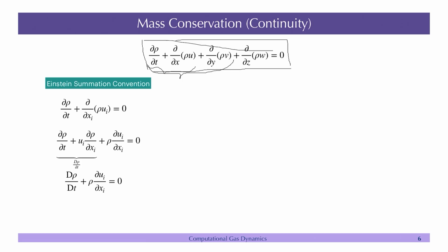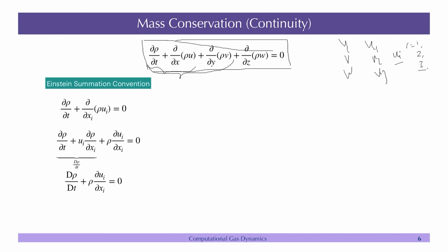Let us say I am indicating u, v and w as u1, u2 and u3, correct. And then you can write all of them together as ui, right. So, i can be 1, 2 or 3, right.